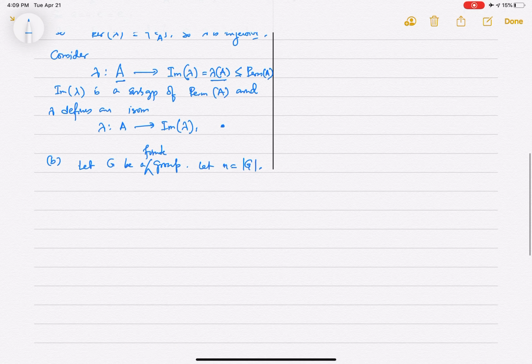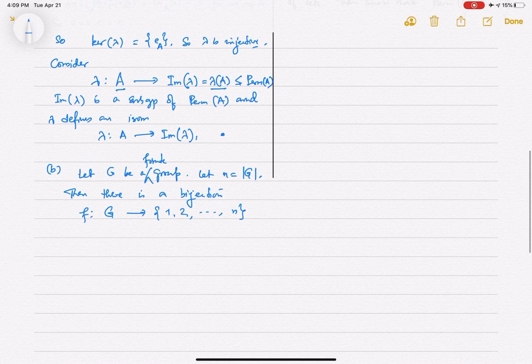I'm going to take this n being the size of G. Then there's a bijection from G to the set 1, 2, up to n. Well, this is essentially saying that G has n elements. If you have n elements, you can match them up with 1, 2, 3, 4, up to n, and you have a bijection from G to this set.